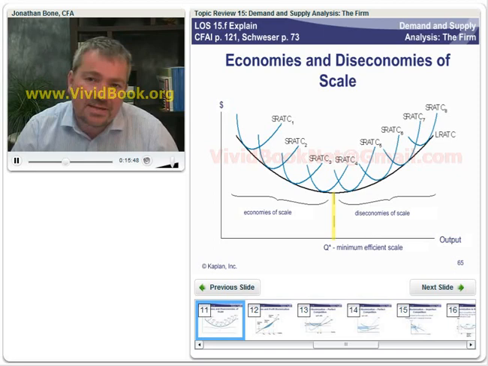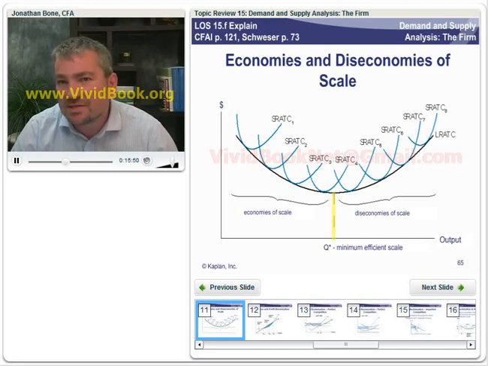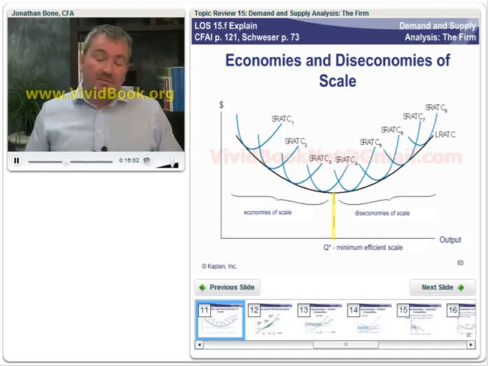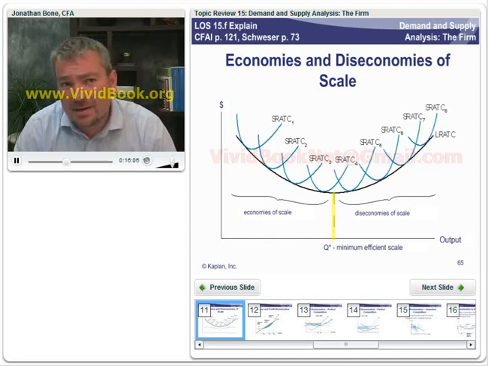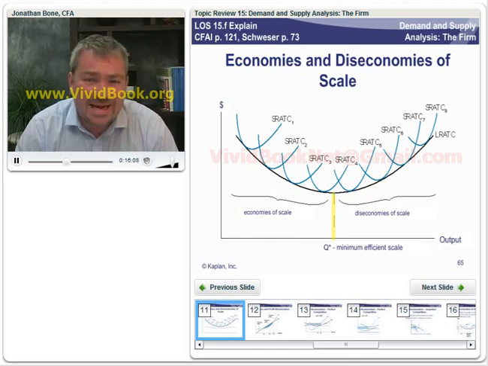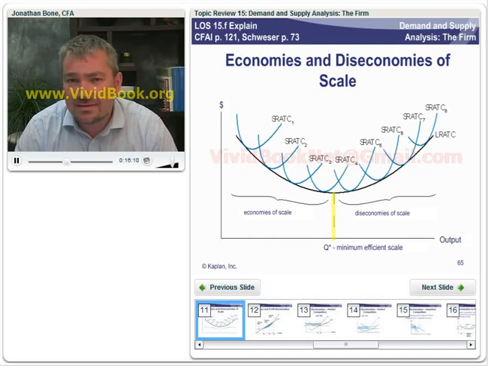Now notice, if we go above the minimum efficient scale, we start to suffer from diseconomies of scale. Now I always say this is a bit like too many cooks spoiling the broth. Essentially, you start to get bottlenecks in the process. Another thing, of course, that you get is red tape. You might have noticed that if you work for a big company, a lot of your time isn't actually spent doing anything that's productive.